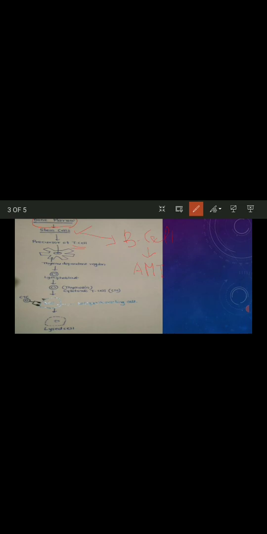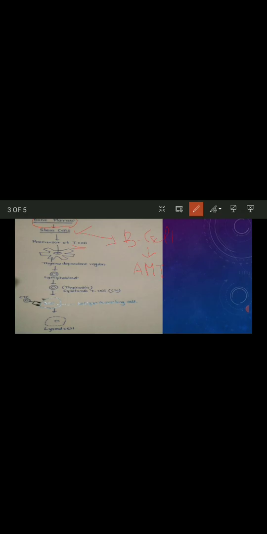The T cells mature in the thymus, where the lymphoblast produces the cytotoxic T lymphocytes. The cytotoxic T lymphocytes are known as thymocytes, which are matured T cells.